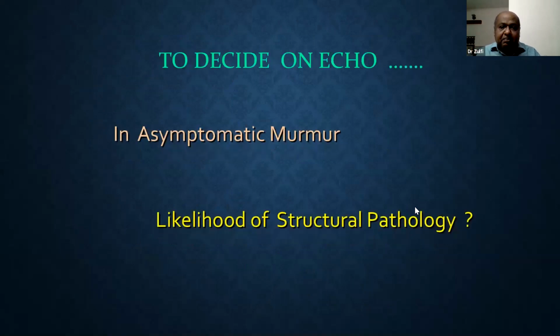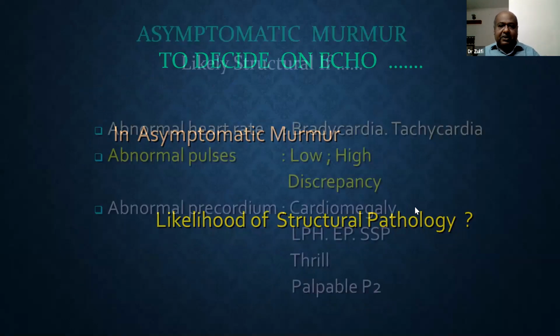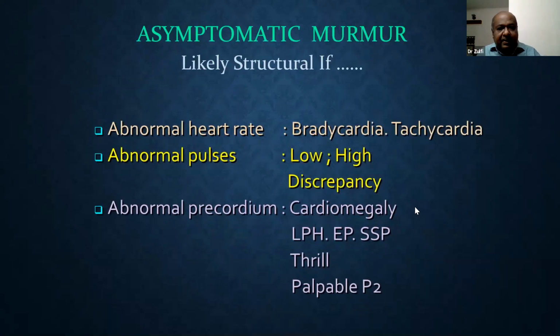In an asymptomatic murmur, the clinician, both the pediatrician as well as the pediatric cardiologist, has to look at the likelihood of a structural pathology. For example, if you have an abnormal heart rate, very low or very fast, abnormal pulses like a high volume pulse or a pulse discrepancy, or an abnormal precordium like cardiomegaly or a thrill, naturally it has to be a structural abnormality.